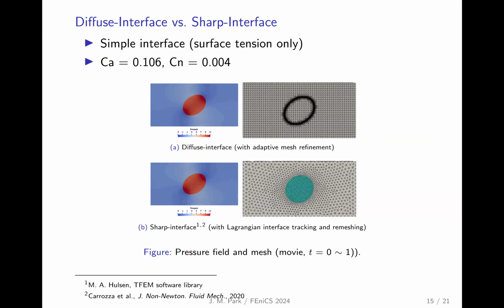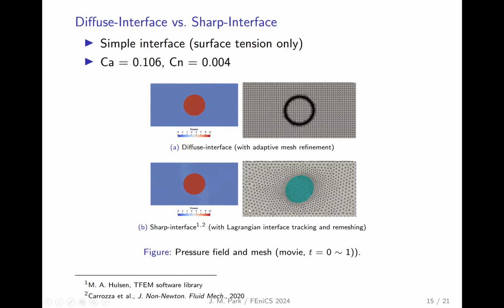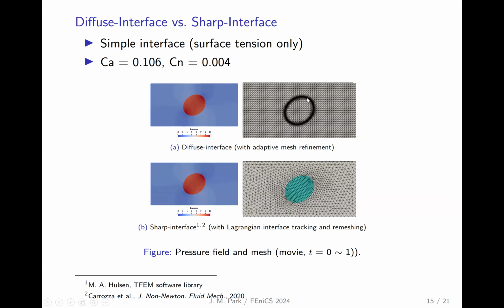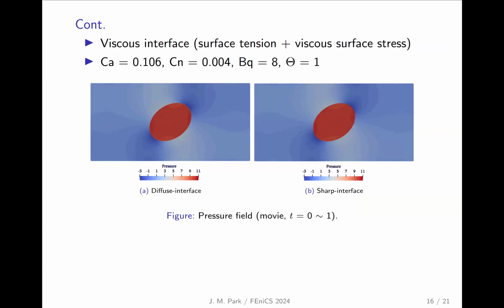And anyway, this is the pressure field. This sharp interface model uses Lagrangian interface tracking, and for this diffuse interface model, as I mentioned, we use local adaptive mesh refinement. I will show the graph soon, but anyway, we see the agreement.